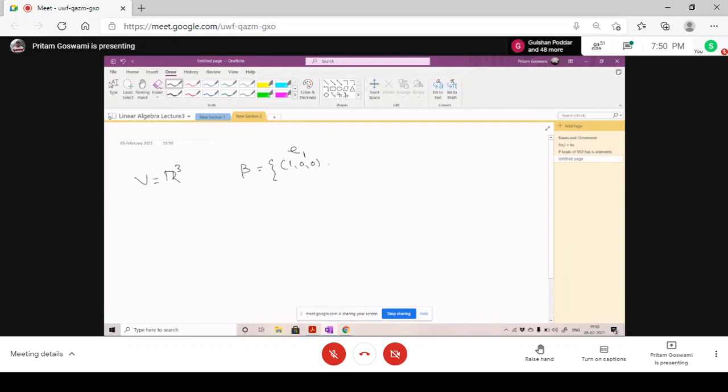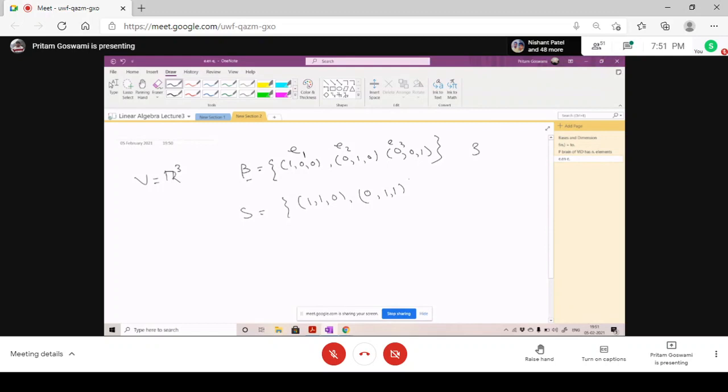These vectors we denote by E1, E2, E3. This is a basis. So how many elements does the basis have here? 3. Now suppose there is a set S which is a subset of V, given as (1,1,0) and (0,1,1).